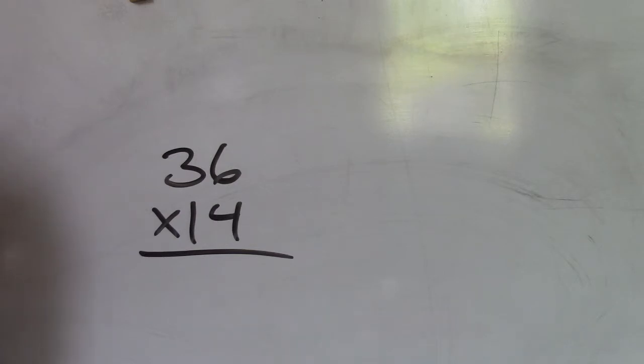36 times. 36. And then I'm going to put, oops, pens dropping everywhere. Alright, got it. So I'll tell you what, I'm going to do the whole thing, and I'm going to change it up.